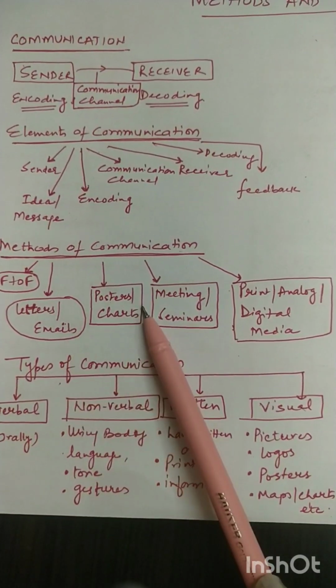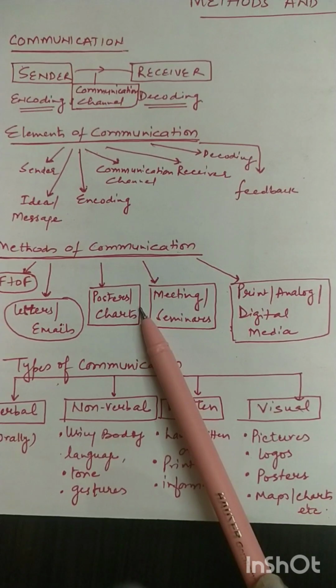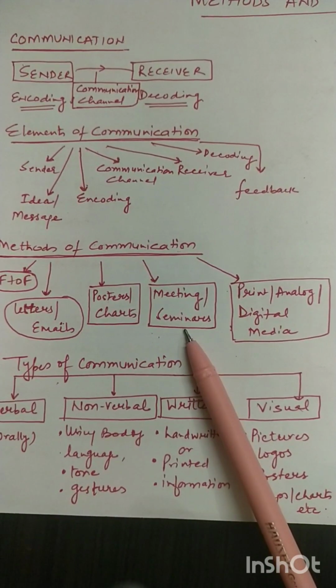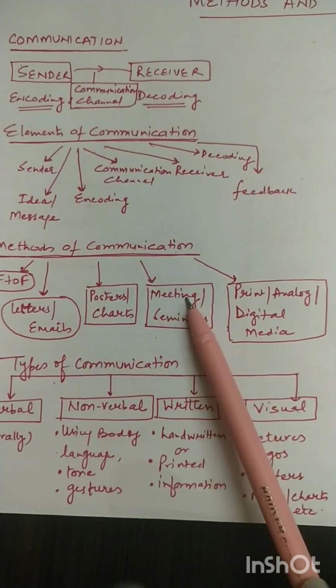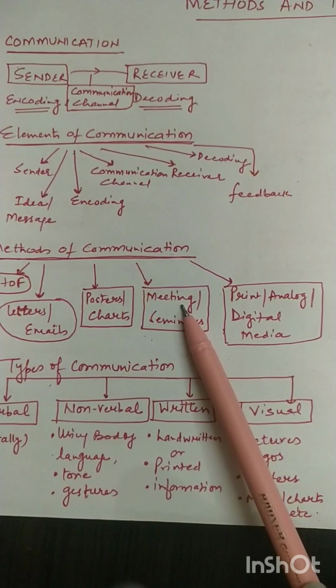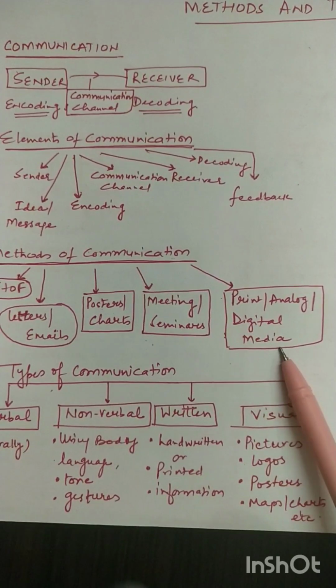Then we have posters or charts, harnessing the power of pictures and images along with the text. Simple. Now we have meetings and seminars. This is again a method of communication wherein discussion among a group of people with similar interests is carried out, right? Now next we have print, analog and digital media.